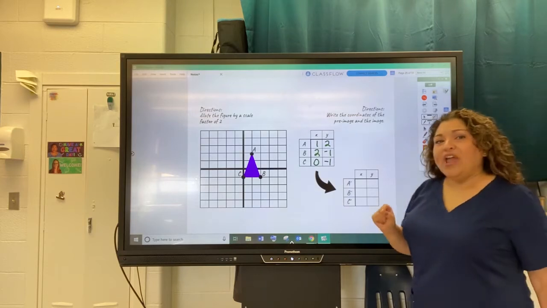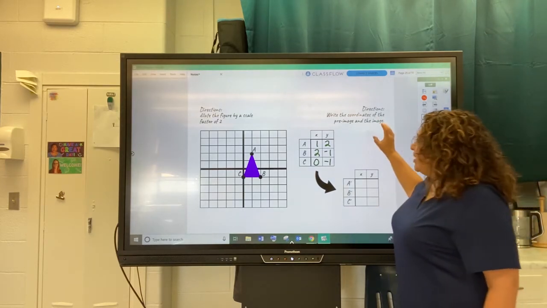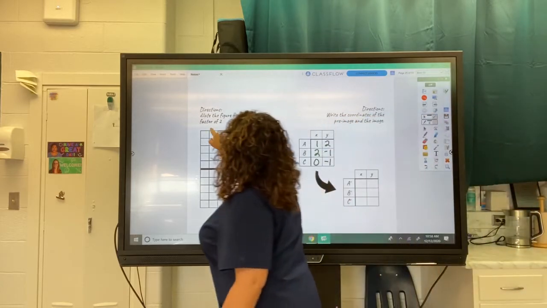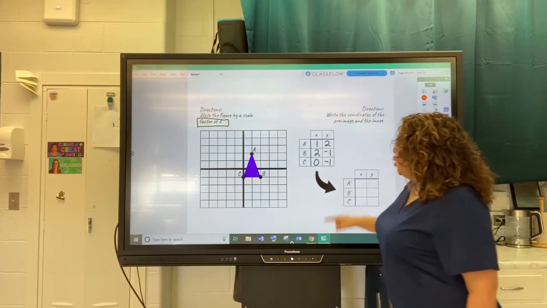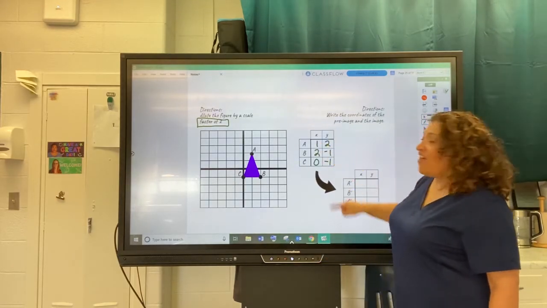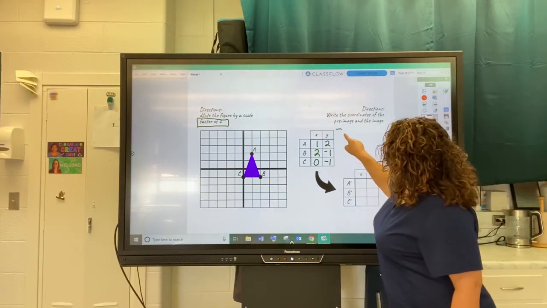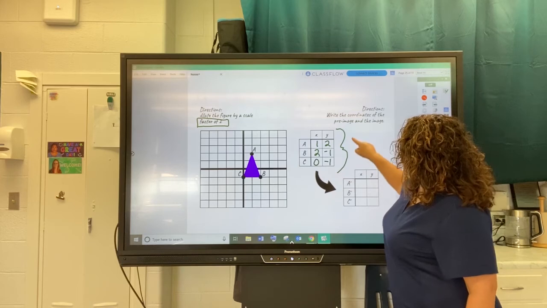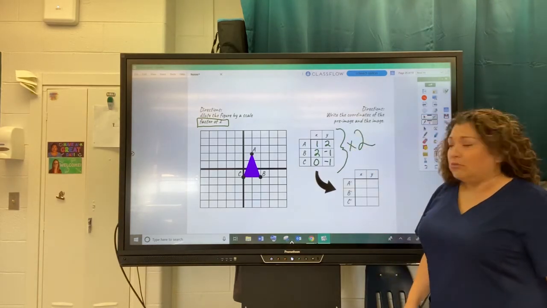Now, all we have to do to figure out the image is multiply by a factor of 2. So we're going to multiply each of these X and Y values by 2. Are you ready? So I'm just going to put a big curly bracket here and put times 2. Okay?